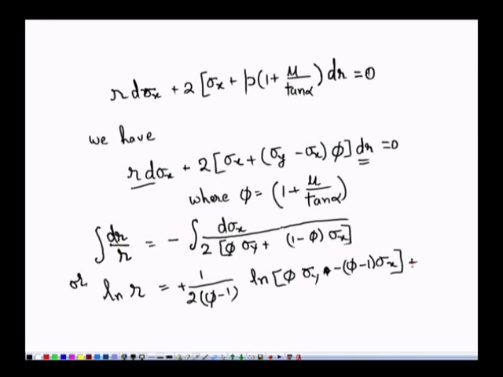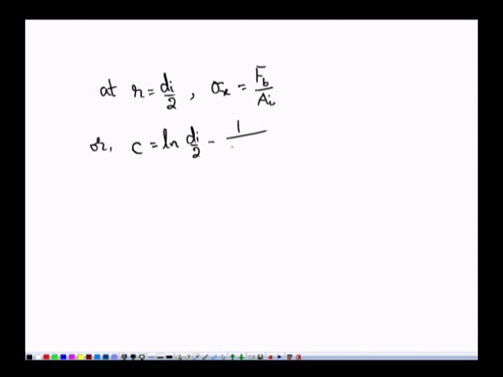Certainly an integration constant would be there, let this be c. Here we have to put the value that at r, which is half of the initial diameter, sigma x is equal to the back stress we have applied, that is the force divided by the area.